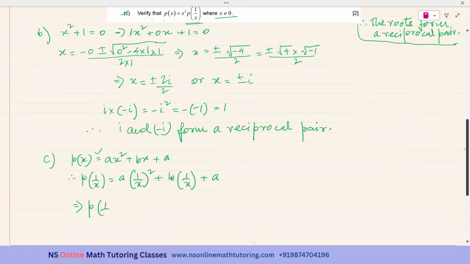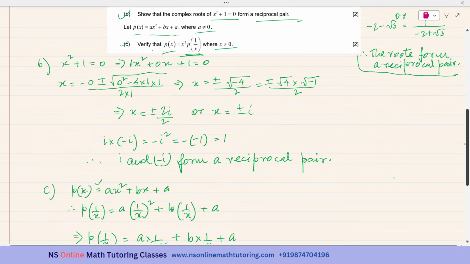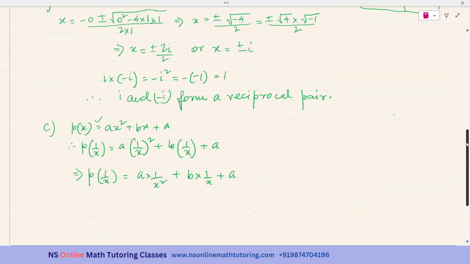And we have to show that p of x equal to x squared times p of 1 over x. Of course x is not equal to 0, because otherwise we cannot have 1 over x.